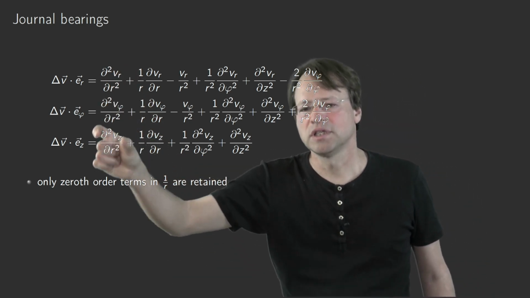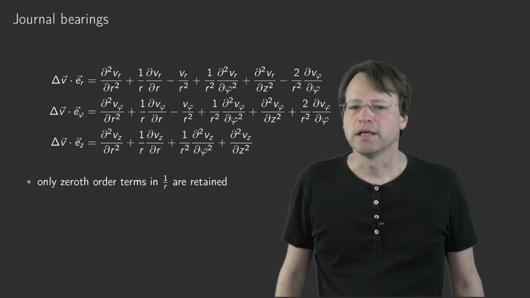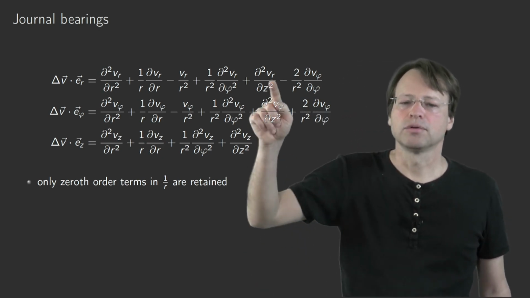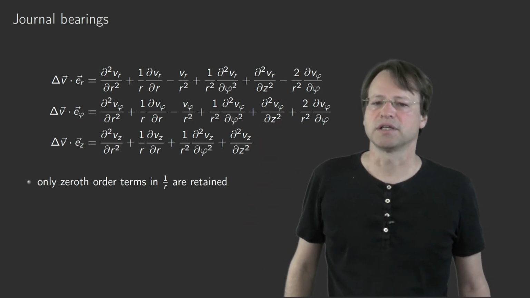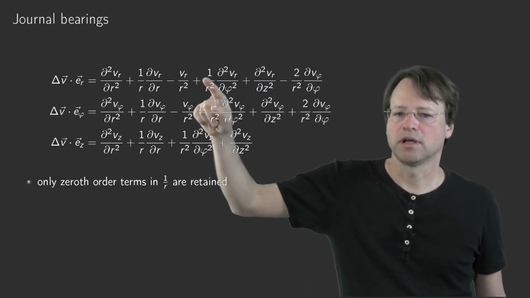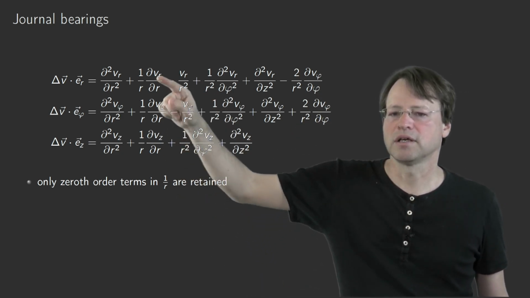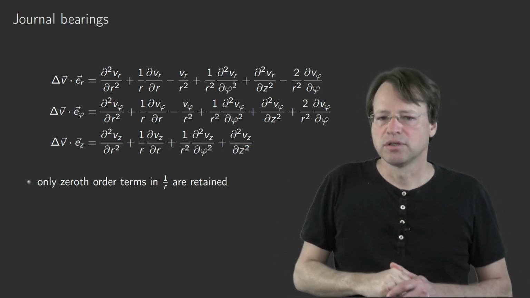The first ones here, they are all independent of 1 divided by r, and the terms in the second derivative with respect to z. All the other terms will be neglected. Well, there are terms in r squared and there are terms in 1 divided by r. And now there's a last question.